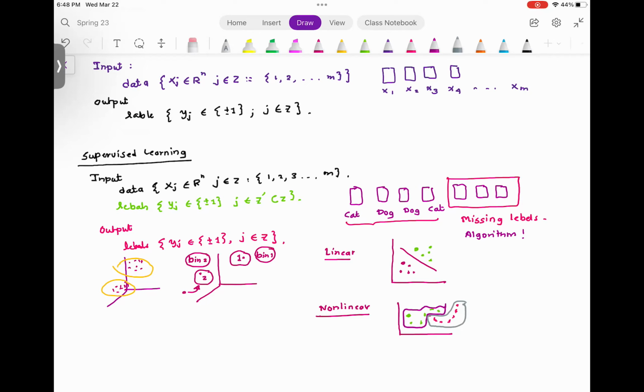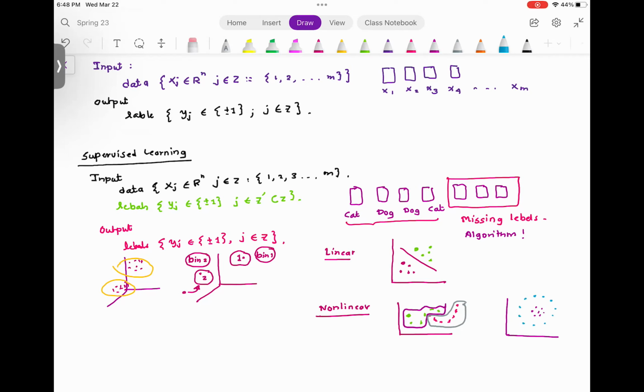Another example of a nonlinear data set is something like this. You have a data set which is clustered at the center, and then you have a data set which is clustered outside.